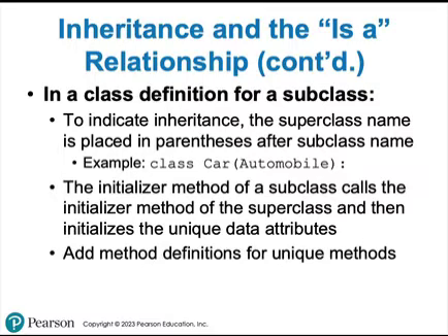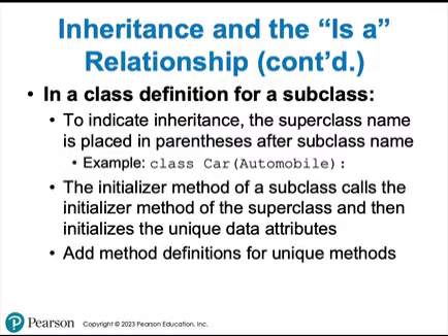The initializer method in subclass is going to call the superclass's initialization or init routine to initialize all of its data attributes, and then it's going to initialize the data attributes that are within the subclass.